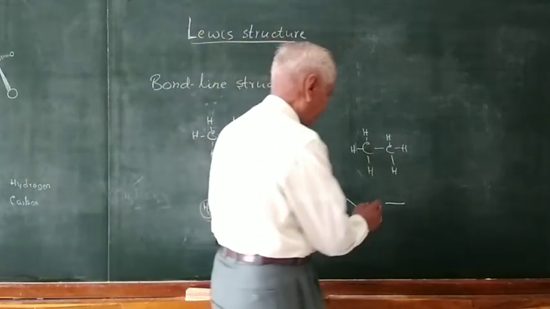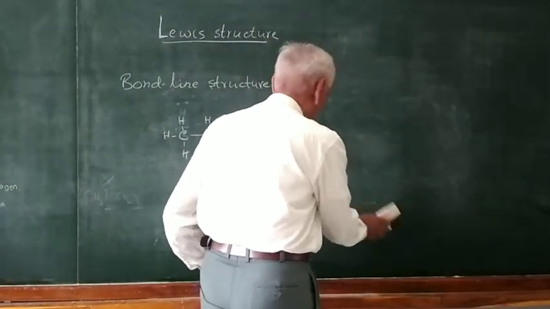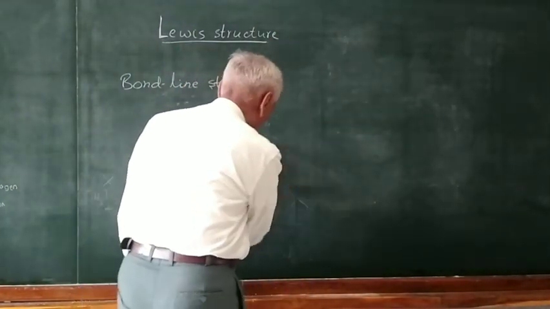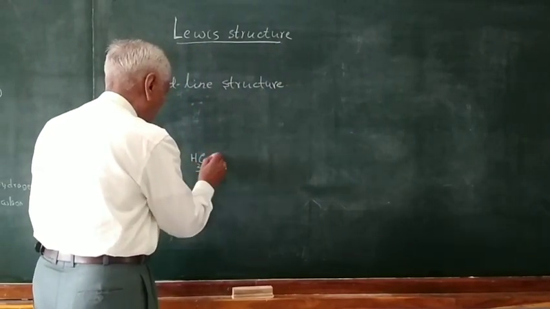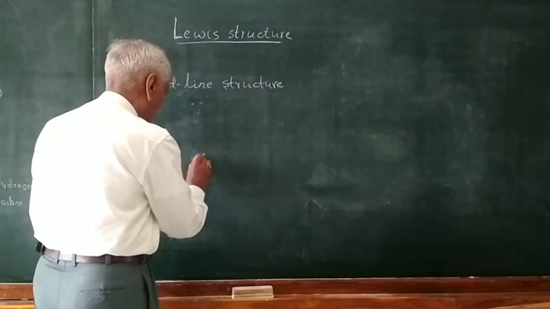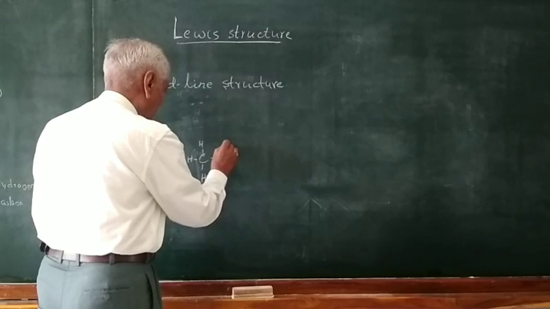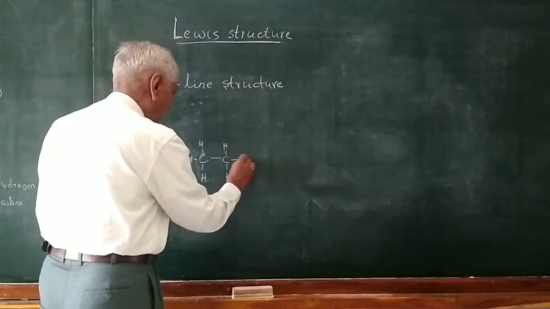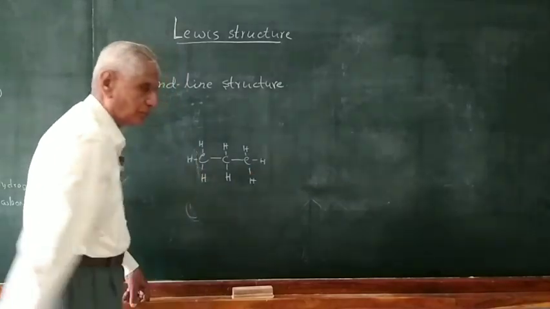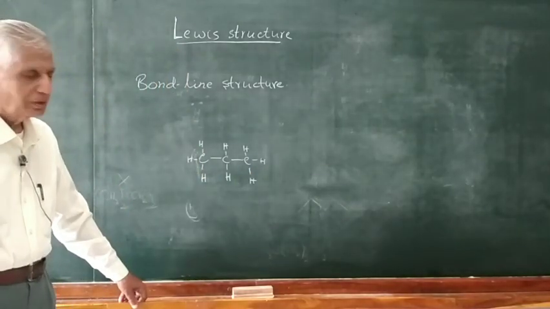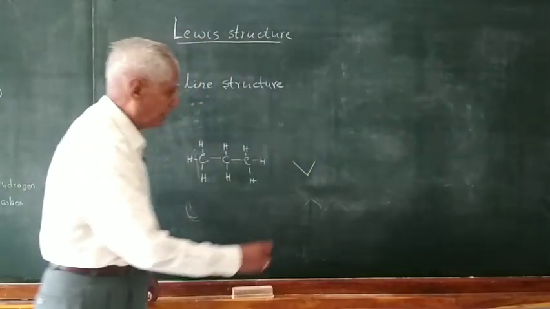Suppose it is like this: CH3, CH2, CH3. How to write this? You write it like this, or you can write it like this.